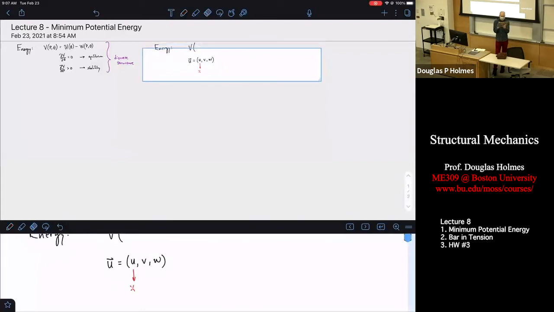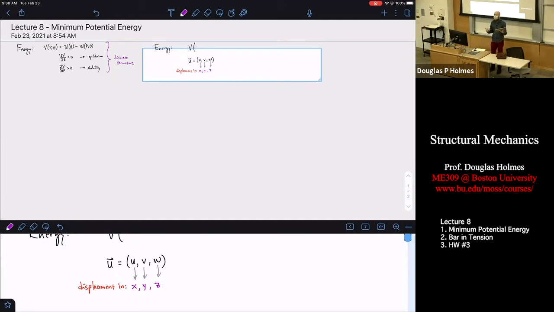Let me write that more clearly. Displacement in x, y, and z. We'll use this a lot, so this is important to keep track of.